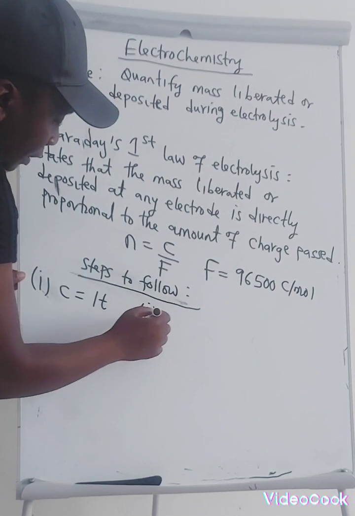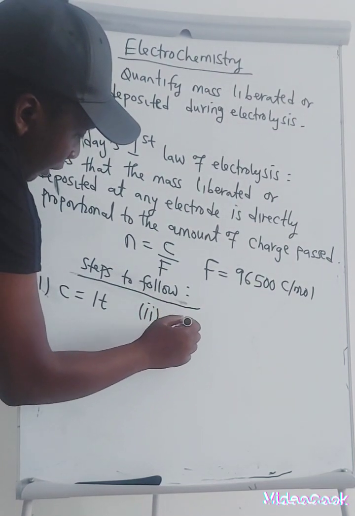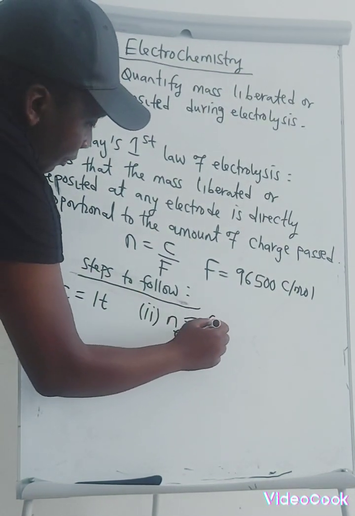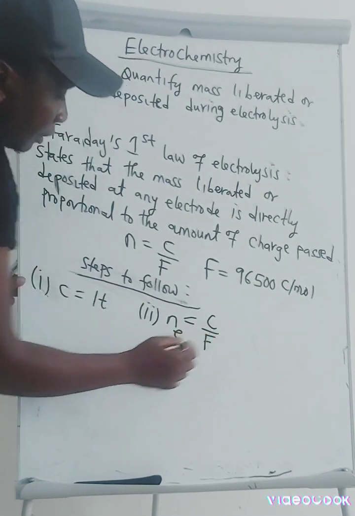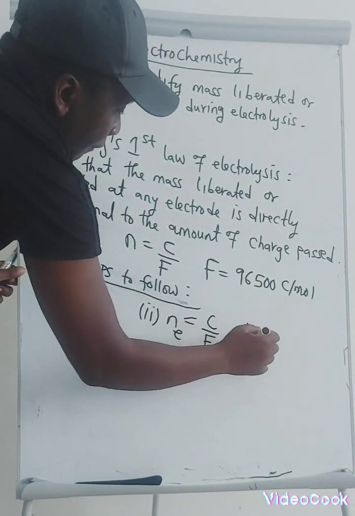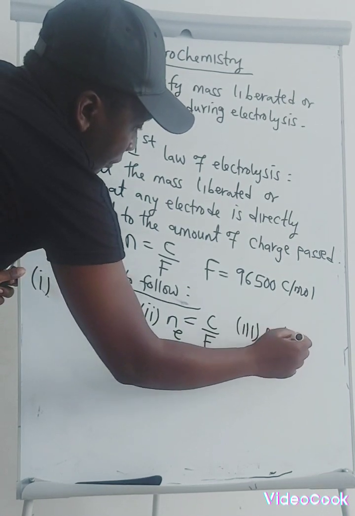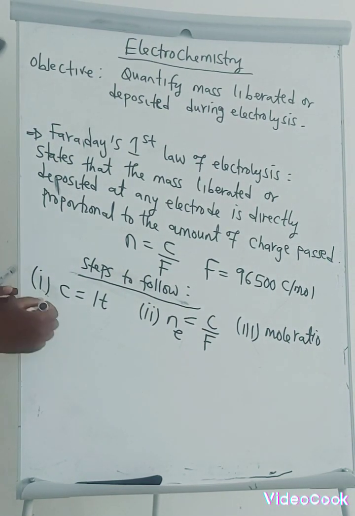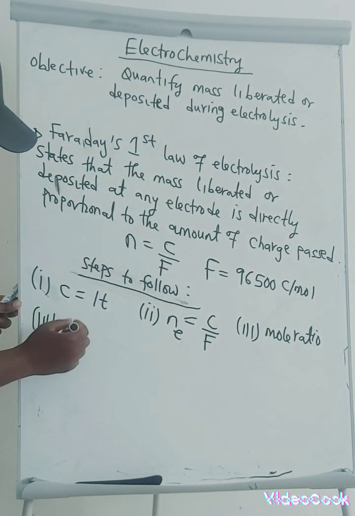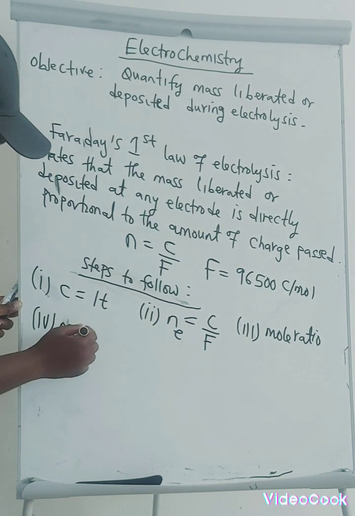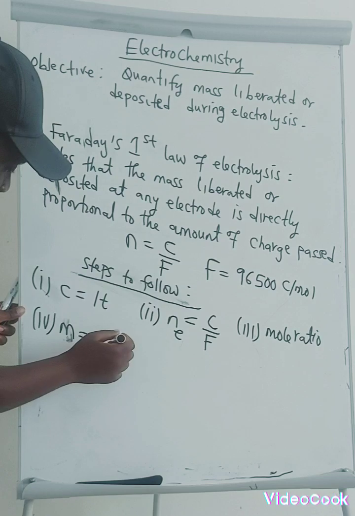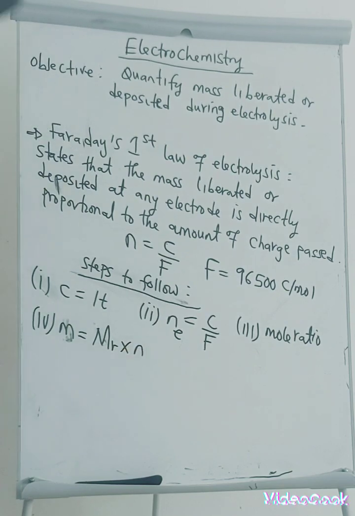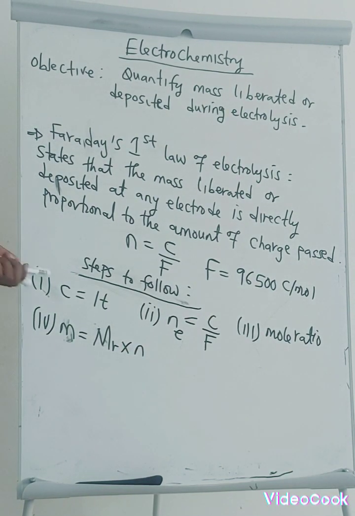Then you calculate the number of moles of electrons from coulombs using Faraday's constant. Then you get the mole ratio. Then step four, convert to the mass of the atom from the moles, multiplied by Mr. So these are 4 steps.